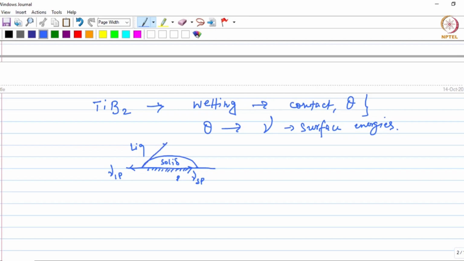And here of course you have the solid liquid interfacial energy, and this is the contact angle. Okay. So from here you can see that it depends on gamma LP and the other two surface energies through this particular relationship, which comes from the balance of forces.